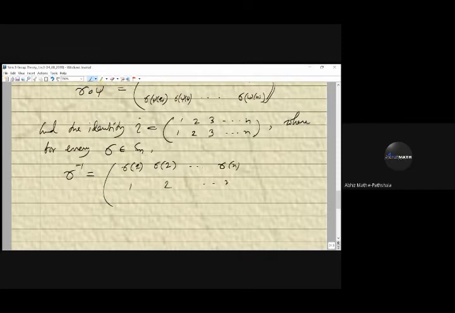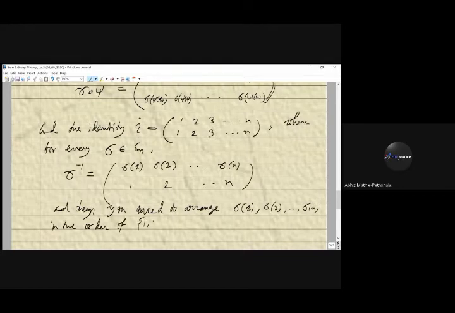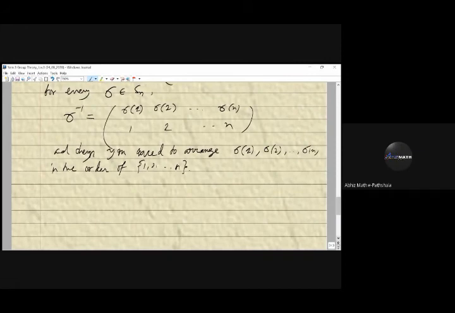It is 1 to n, and then you need to arrange sigma 1, sigma 2, sigma n in the order of 1 to n, right? And you will get the sigma inverse for any sigma.